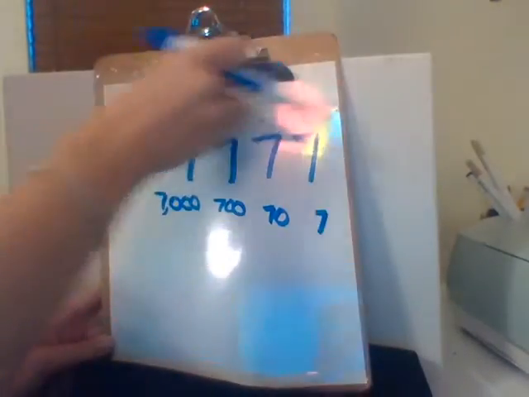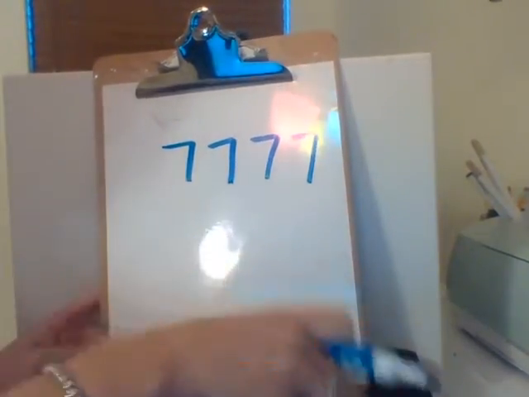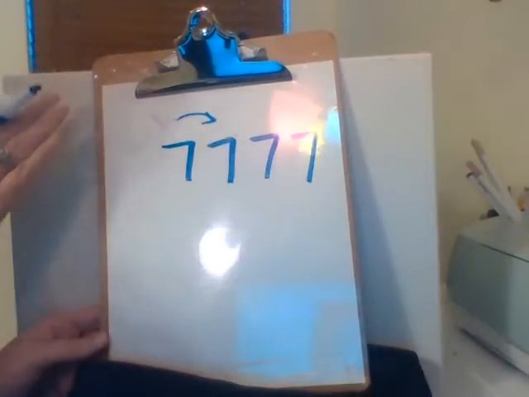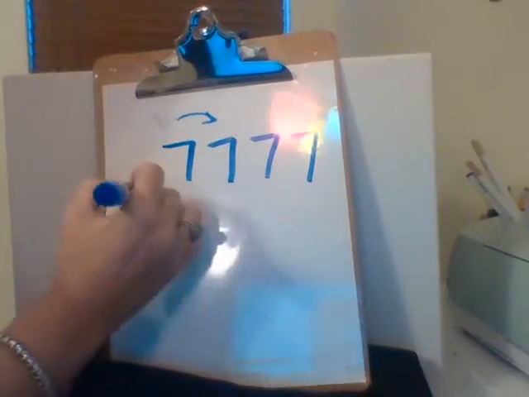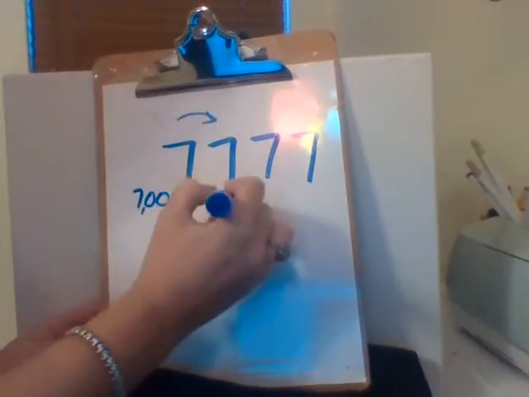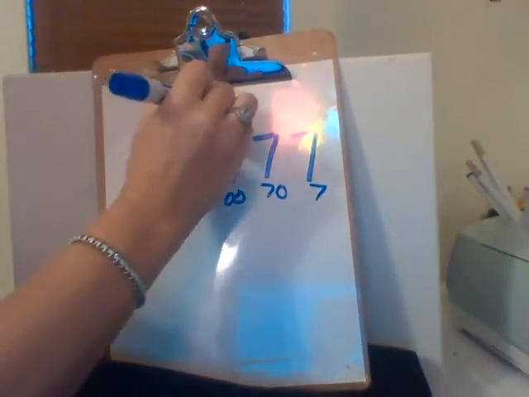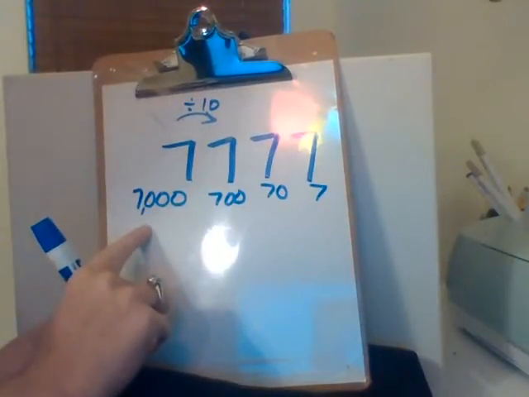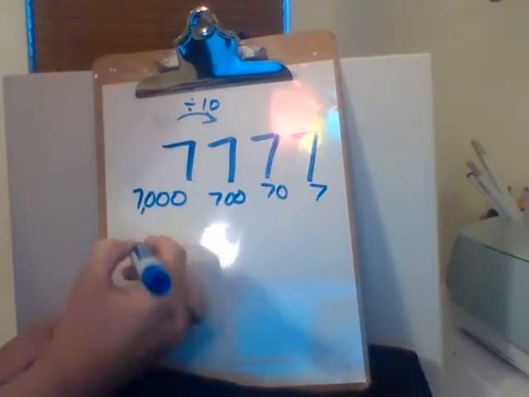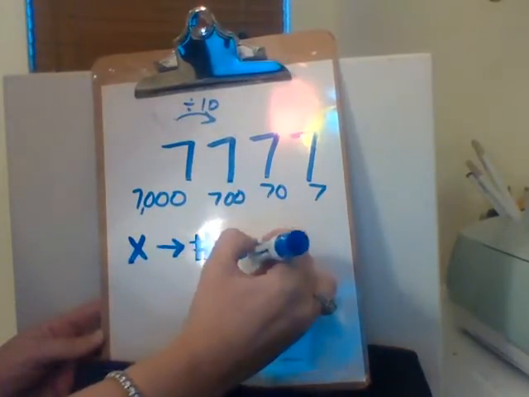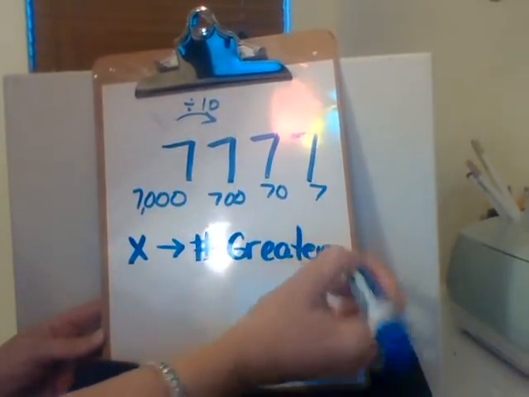Likewise, and I told you I would get to this eventually, here I go. If I moved to the right, I don't know why I just erased that because I actually need that back up there. That's okay. We actually divide by 10 each time. So when you divide, the numbers get smaller. So multiplying, the numbers get bigger, or the word greater is what we like to use.